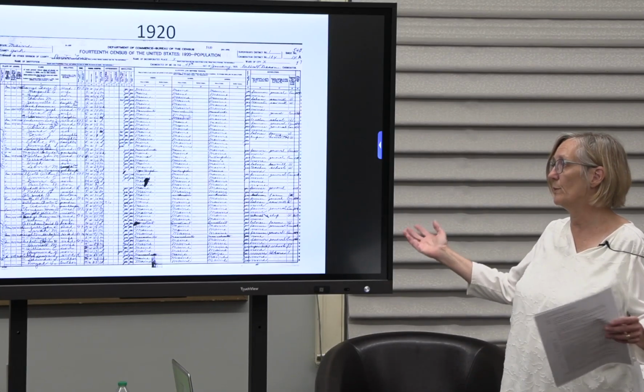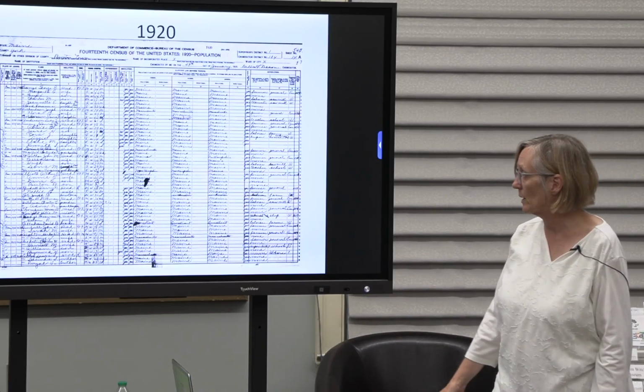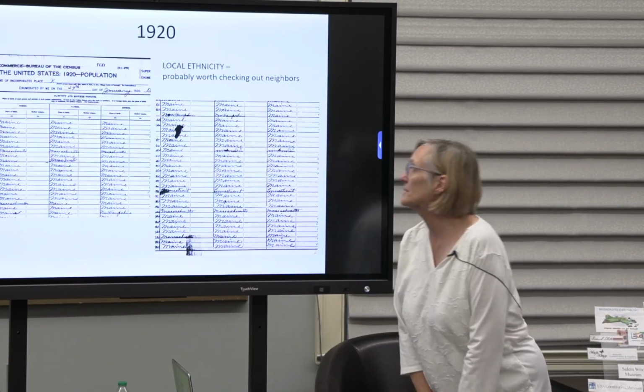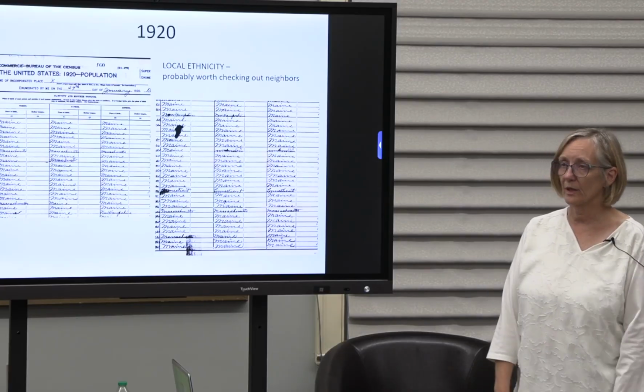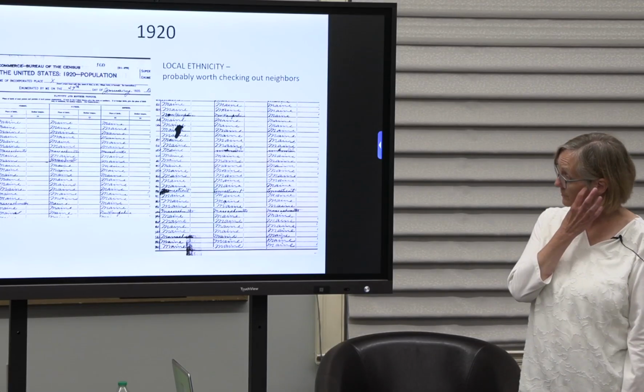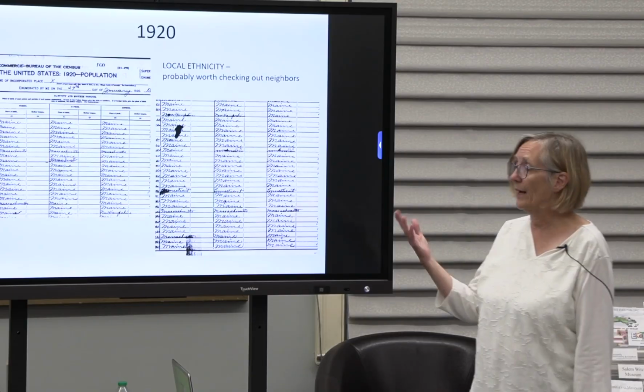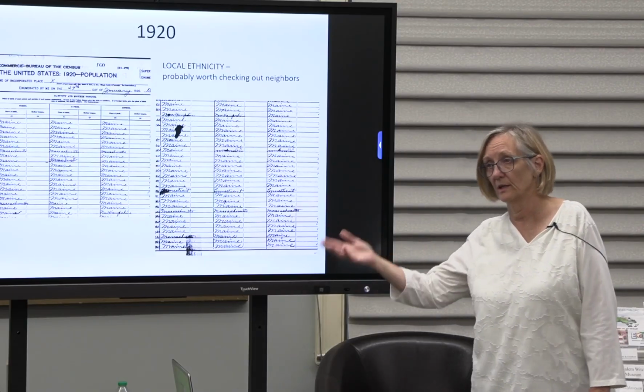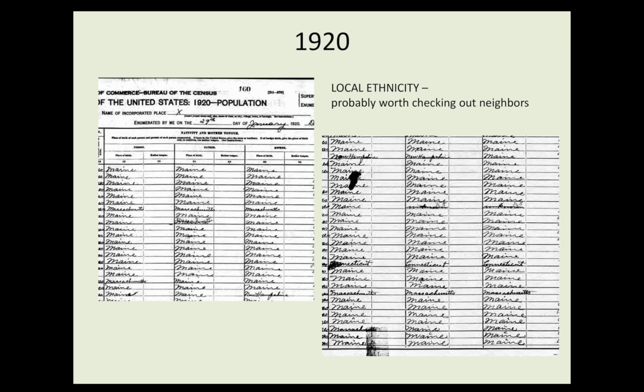1920, again, big piece of paper. Everybody's asked the same questions. But let's take a look at these questions about where people were born. Well, I've moved now back to where Grandma grew up. In the 1920s, she was just graduating high school. She lived in Maine. Do you notice too many people here that weren't born in Maine?